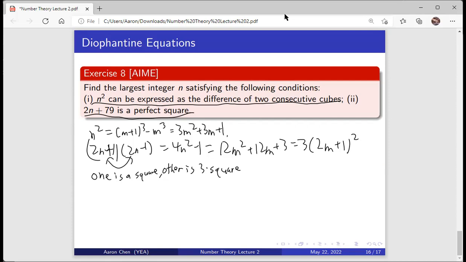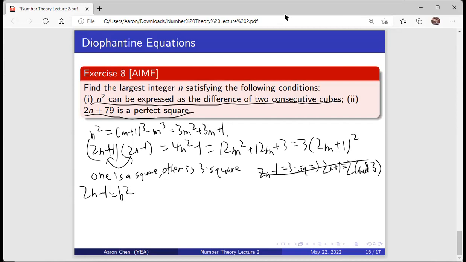And so if 2n minus 1 is equal to 3 times a square, then that would mean that 2n plus 1 is going to be 2 mod 3. But a square is never 2 mod 3, so that is impossible. And so that means that 2n minus 1 is a square, and so we can let that be b squared.